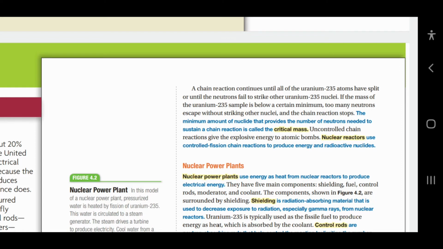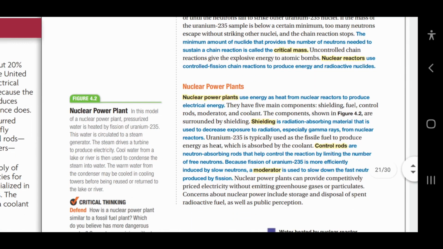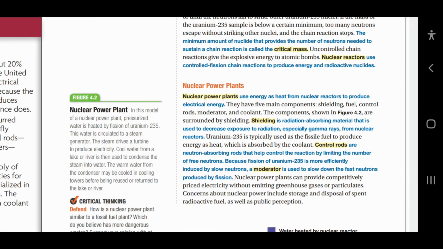This is why we need to control the reaction in our labs, or to produce electricity, like what actually happens in nuclear power plants, which use energy as heat from nuclear reactors to produce electrical energy.